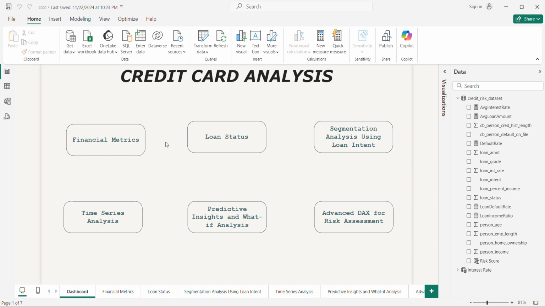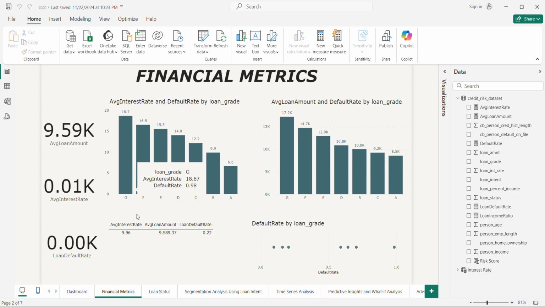So let's begin with the project. First, let's click on the financial metrics in this dashboard. For this data set, three important measures are calculated.